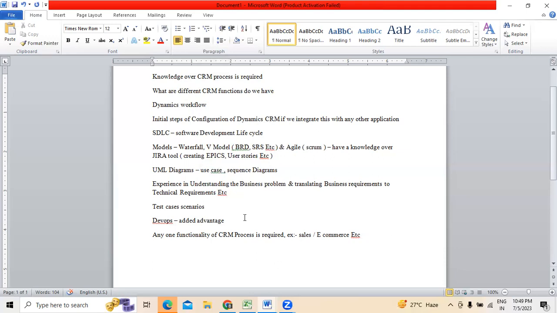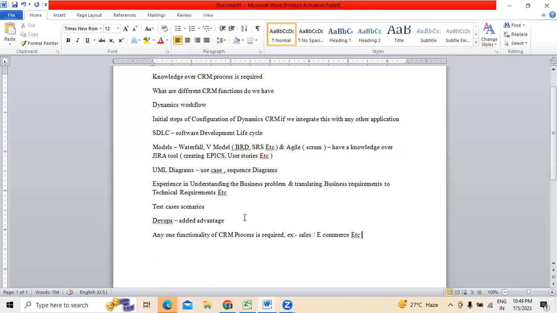At least any one, because normally in a real environment, people will not have experience in all the CRMs; it depends on the type of project they are working on. They may have experience in one or two CRMs, maybe sales and marketing, maybe sales and e-commerce, depending on the type of project they have received.